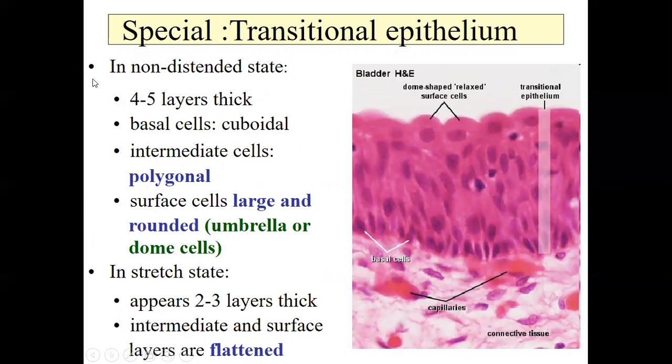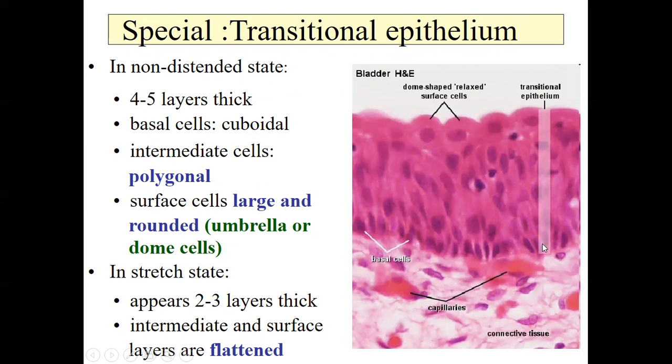You can see here we have two phases, the non-distended state and the stretched state. During the non-distended state, the transitional epithelium usually appears 4 to 5 layers thick.